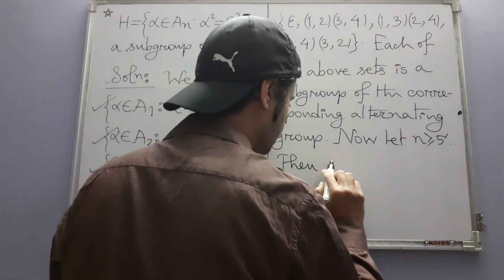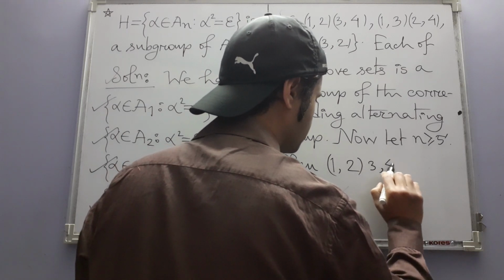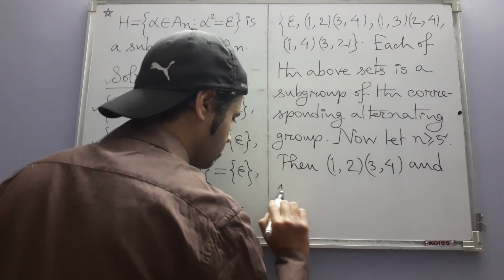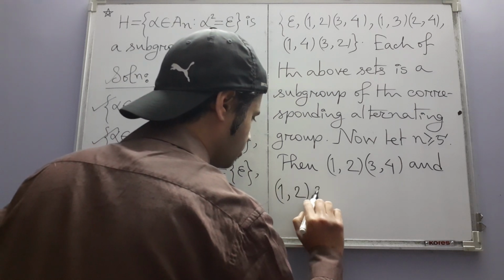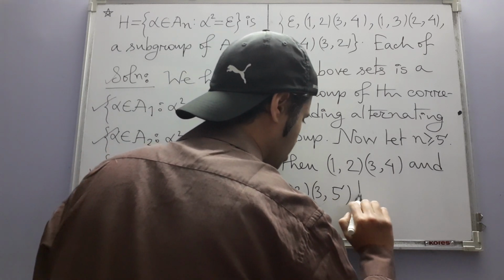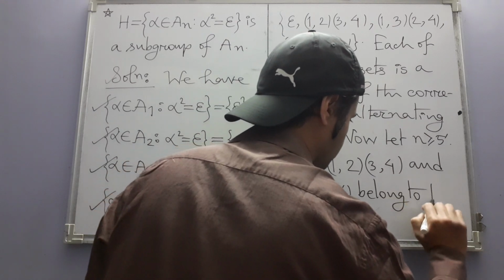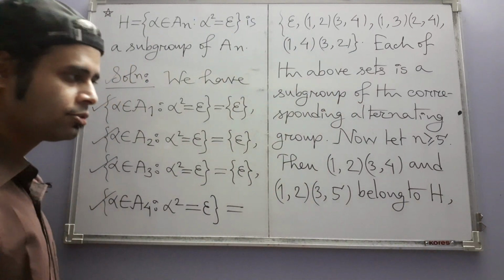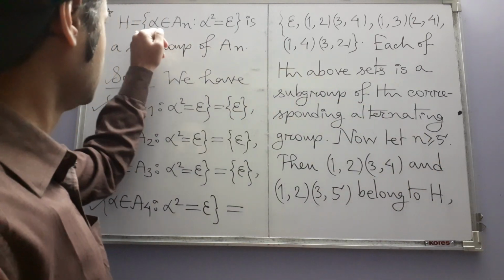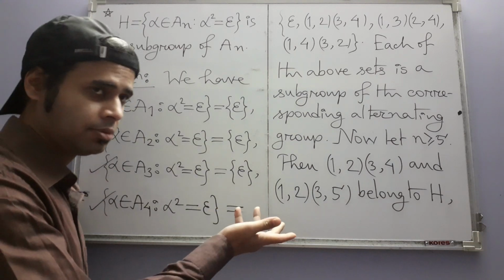Yes. Then 1, 2, 3, 4 and 1, 2, 3, 5 belong to H. Why do they belong to H? H means H for this n. And why do they belong to H?